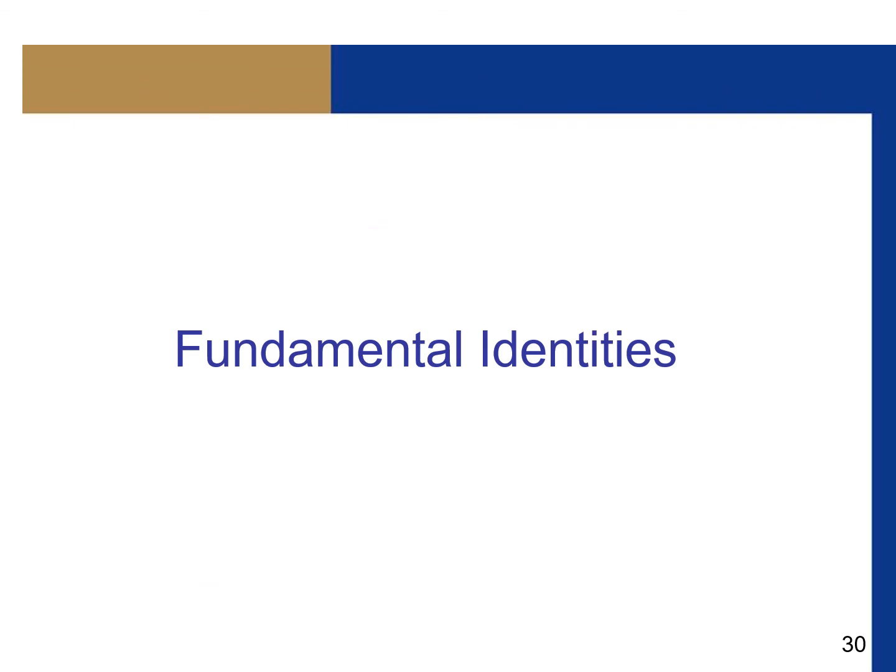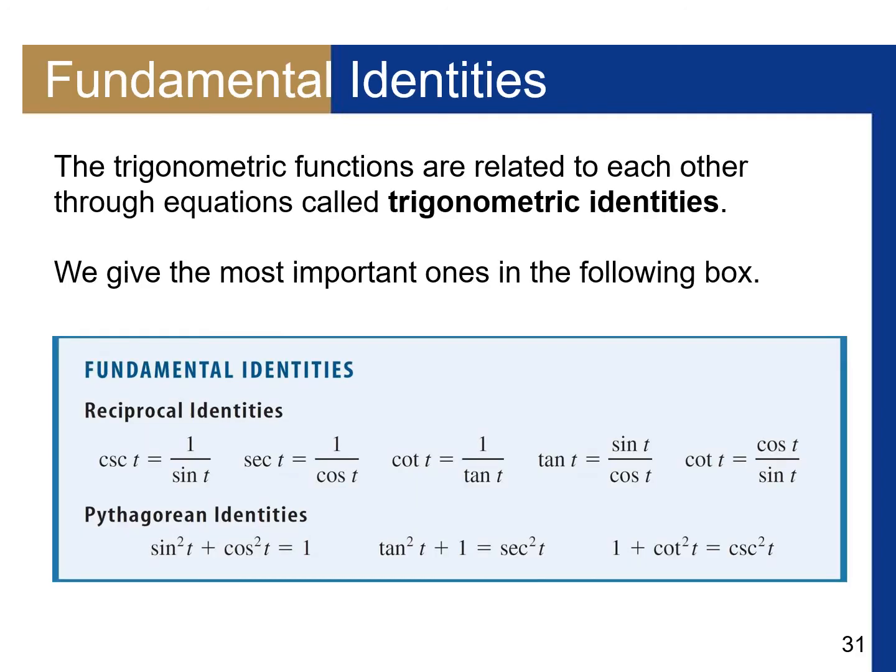Now, a couple more things we need to take a look at are the fundamental identities that you should know. And yes, when I say know, it means you're going to have to start with memorization and then continue to quiz yourself until you know them. So hopefully you learned a lot of these in high school when you studied trig.